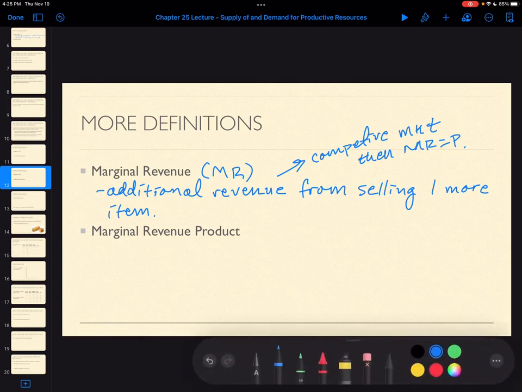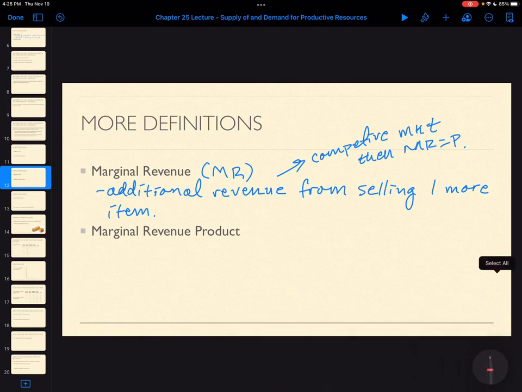This leads us to our fourth definition, which is marginal revenue product. Not surprisingly, we abbreviate this with MRP. The way to think about marginal revenue product is that it's kind of the combination of marginal product and marginal revenue. I use one more piece of input, that is, I hire another person.